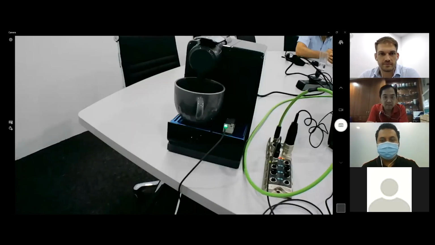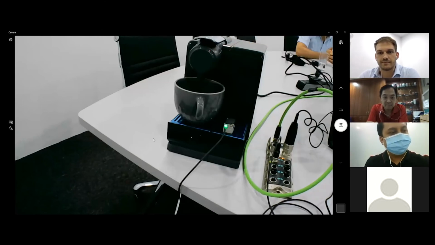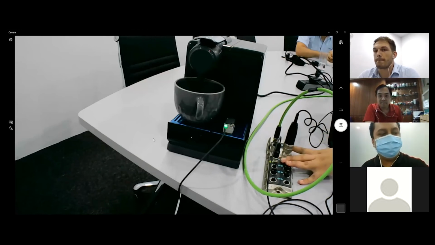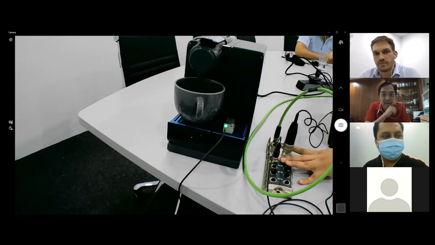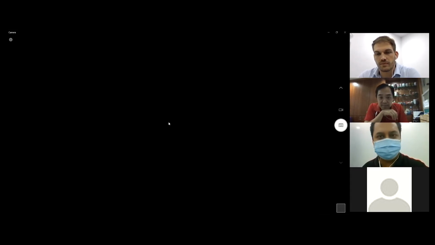We are using a coffee machine like Fred mentioned just now. Okay, so as you can see, this is our coffee machine, and like Fred mentioned just now, in order to use an IO-Link product, first you need a gateway. So this is the gateway with 8 ports.